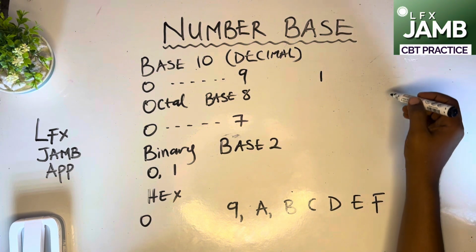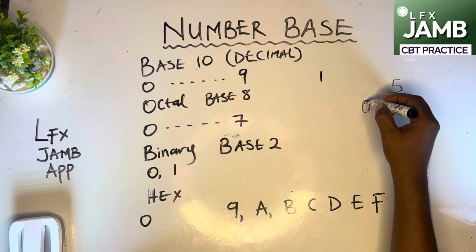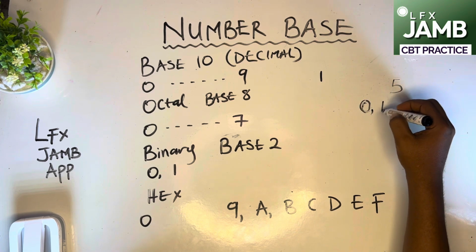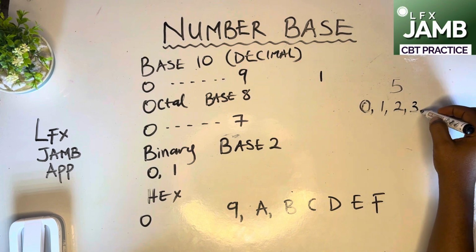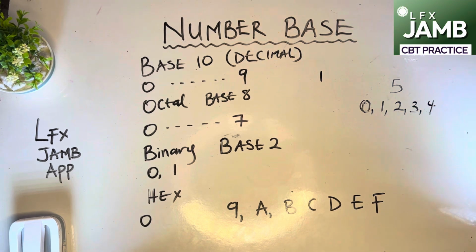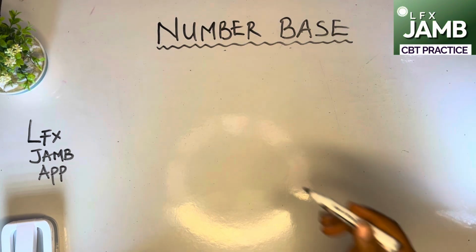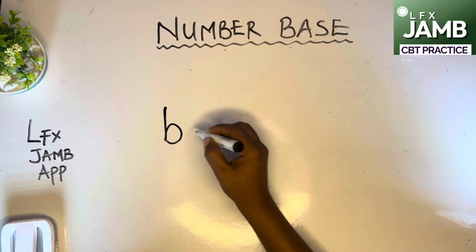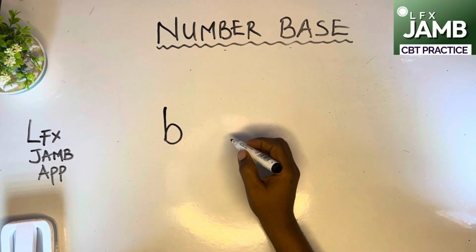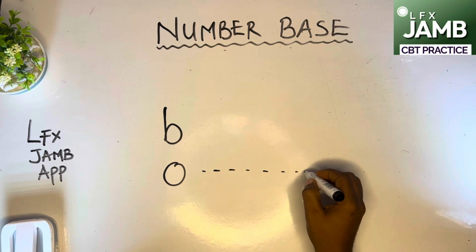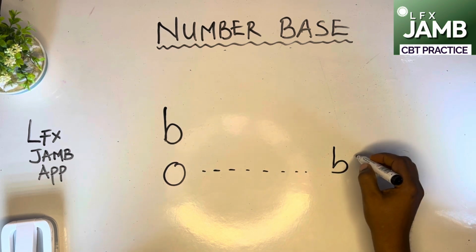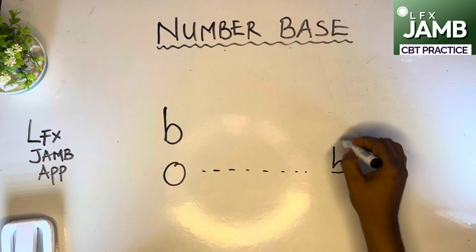So a base 5 number will have digits ranging from 0, 1, 2, 3, and 4. So we don't have 5 in a base 5 number. A base B number is going to have digits ranging from 0 up to B minus 1.